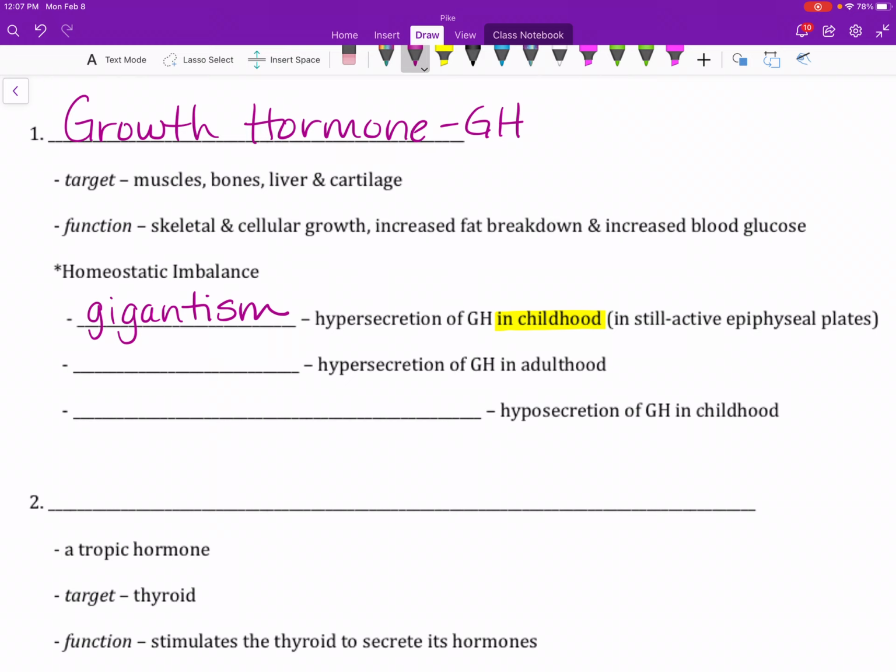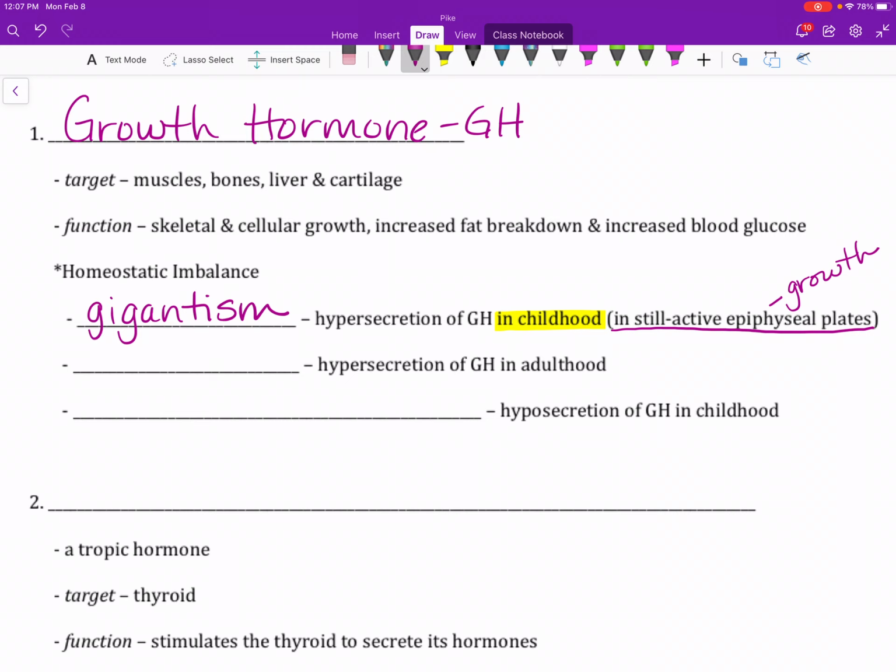And the reason I say childhood is that we still have active epiphyseal plates. Remember that epiphyseal plate in the epiphysis of our long bones? Those are your growth plates, where height comes from, longitudinal growth in that bone. So if you have too much of that hormone in childhood, your bones keep growing in length, and you get taller and taller and taller.